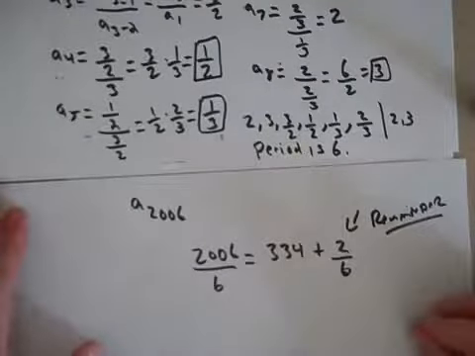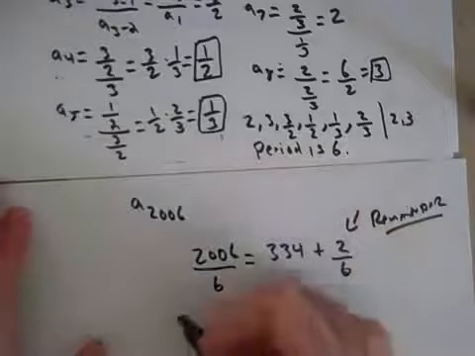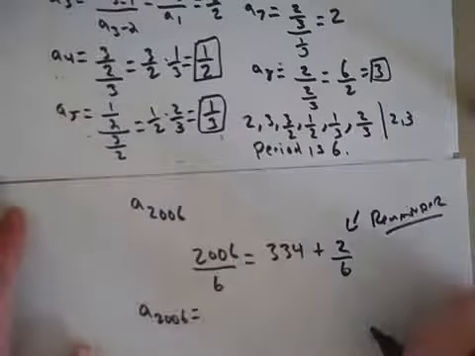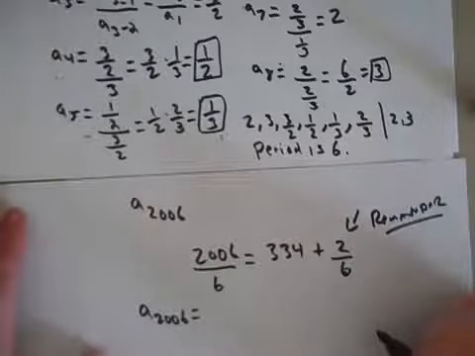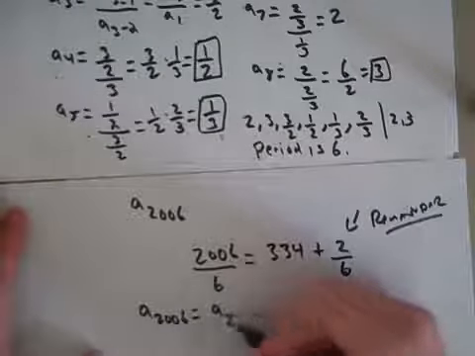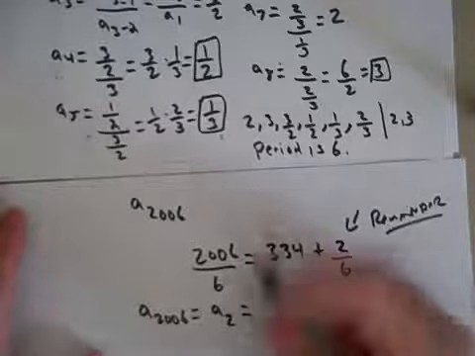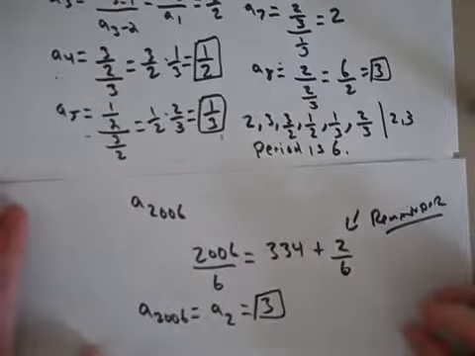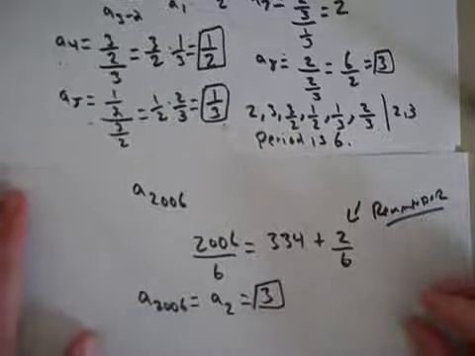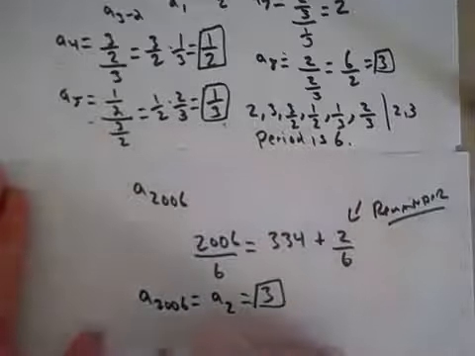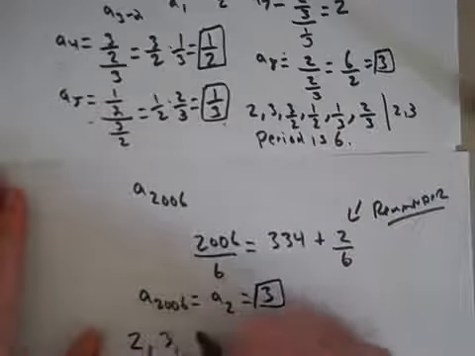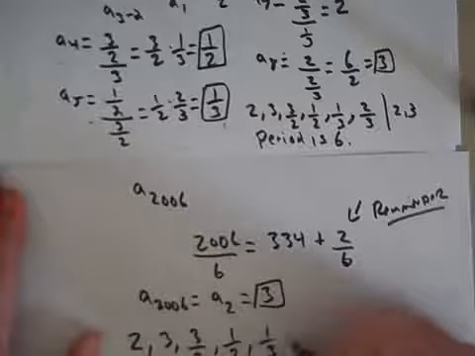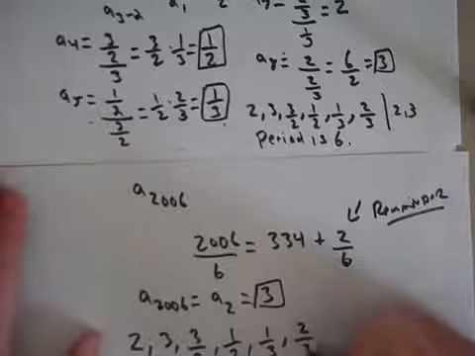So to figure out what a sub 2006 is, it's going to be equal to a sub 2, which is equal to 3. So the answer to this problem is 3. Remember, the pattern was 2, 3, 3 over 2, half, third, 2/3.